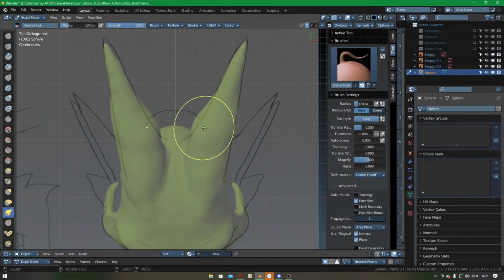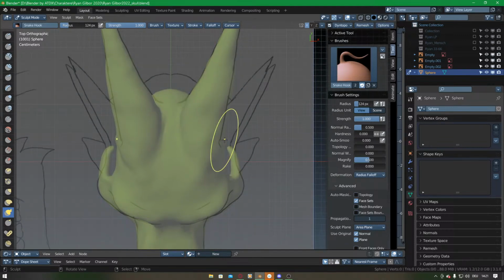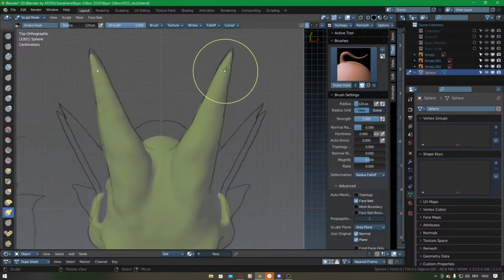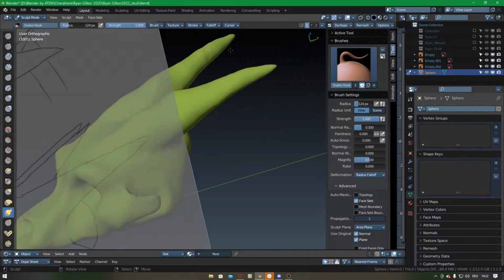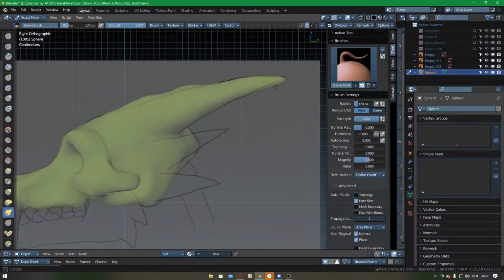And I never really thought about his skull anatomy, which is why this is a little bit wonky.